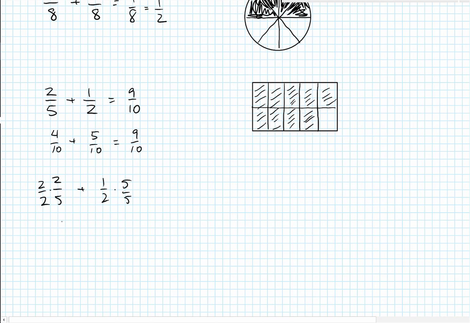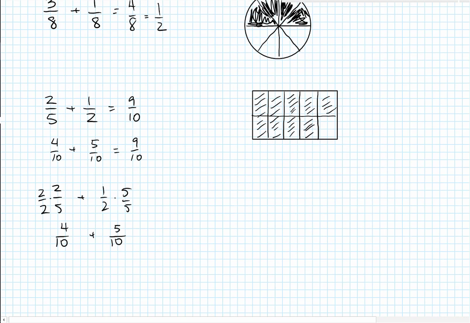So you can see here both denominators are 10, and the numerator on the left is 4, the numerator on the right is 5. So why did we multiply by 2/2? Well, you can think of the denominator on the right, 2, being the key. So we knew that we had to multiply the left-hand fraction by 2/2.